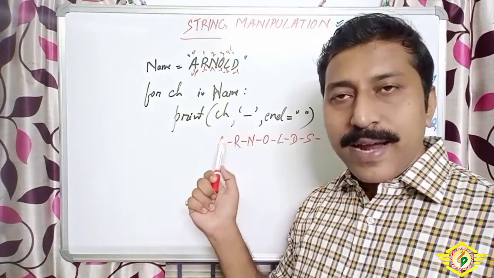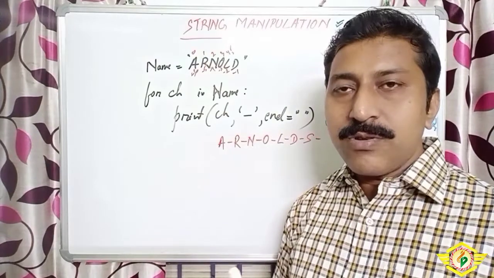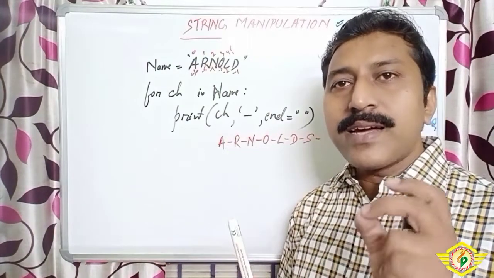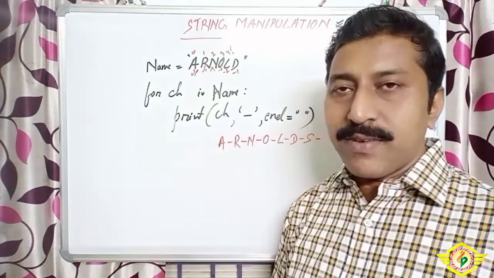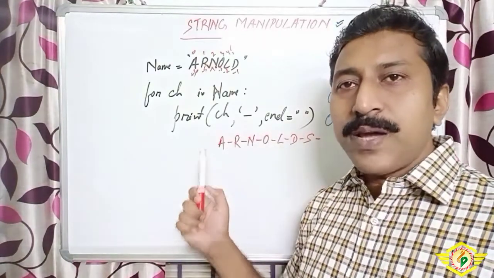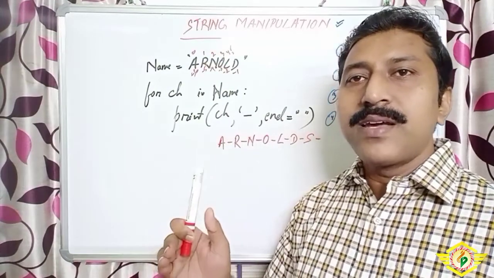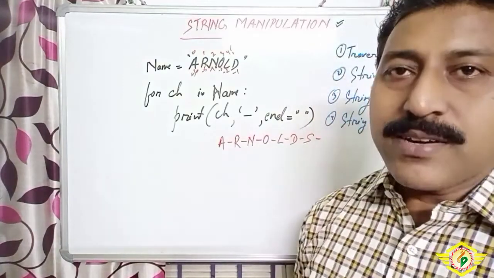If you do not write it like that, it may come on the next line. It is printed in the same line with one space after each and every character, like that. So this is known as traversing.